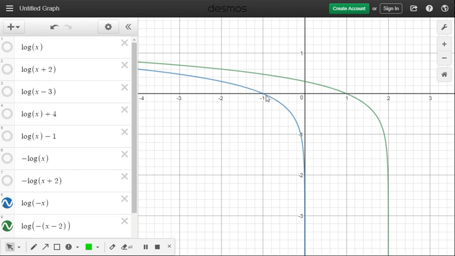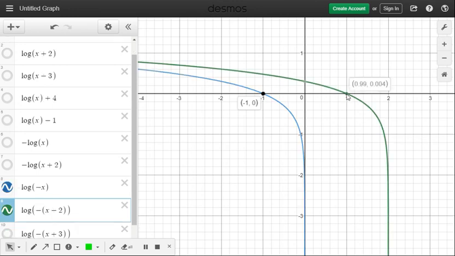So again, I'm looking at the x-intercept of the blue graph where it's just log of negative x. The x-intercept is negative 1, 0. If I look at the x-intercept of the green graph, I see that it's 1, 0. So you can see that the x value changed, but the y value stayed the same. So we can see that it shifted 2 units to the right, so 1, 2. That's why the x value changed.